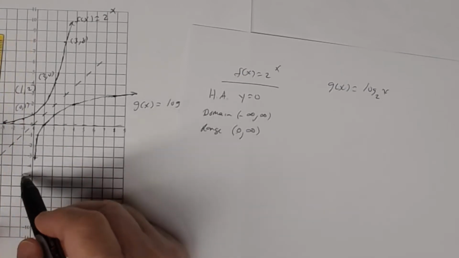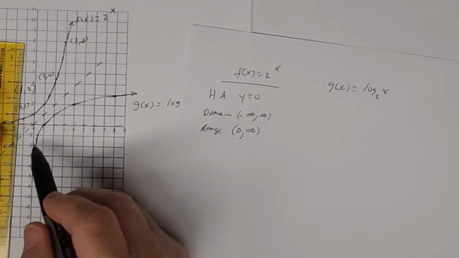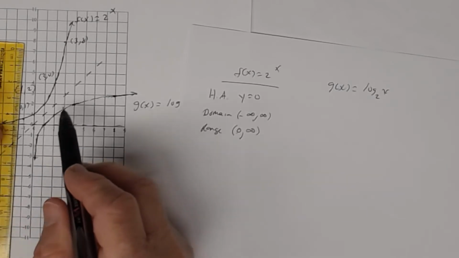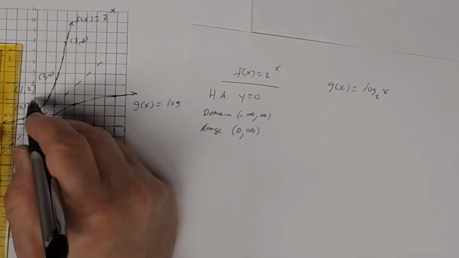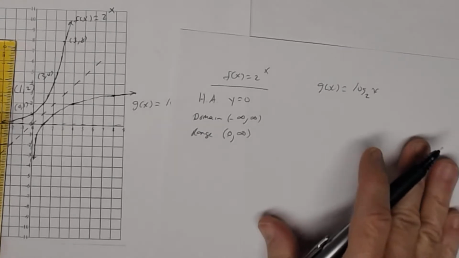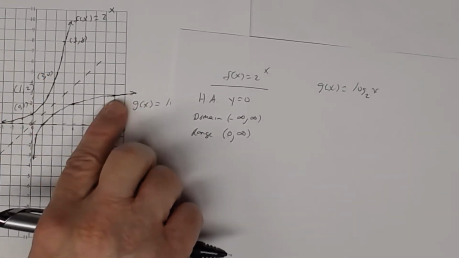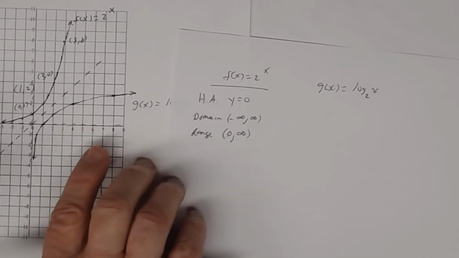So it never crosses or touches the y-axis, because the y-axis happens to be the vertical asymptote. So instead of having a horizontal asymptote like the exponential did, the logarithm has a vertical asymptote.